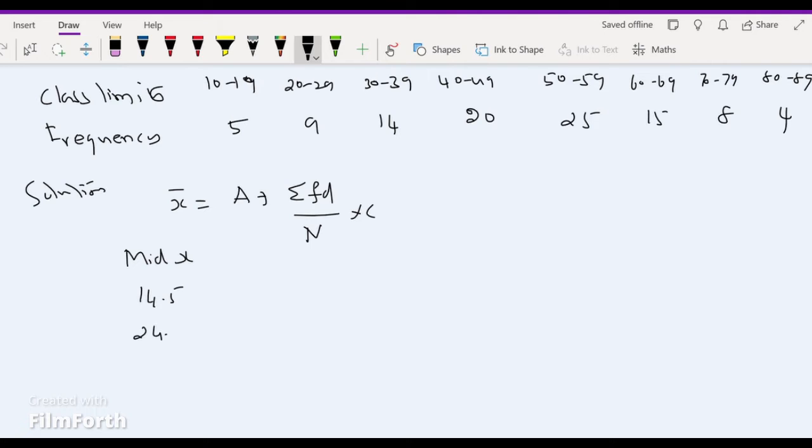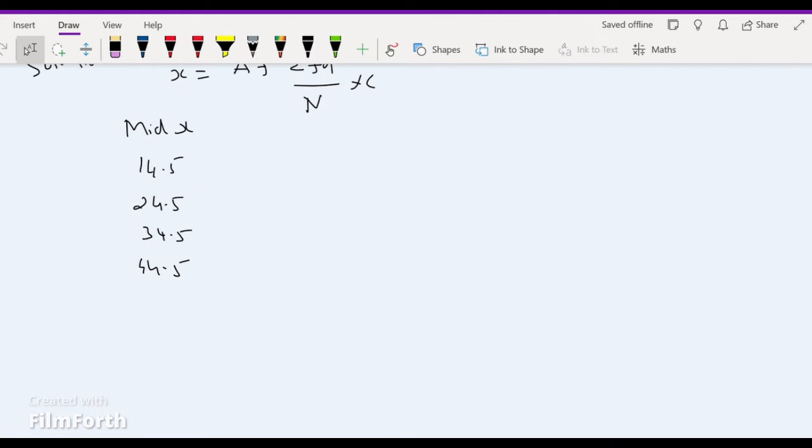Then 24.5, 34.5, 44.5, 54.5, 64.5, 74.5 and 84.5. So the corresponding frequencies are 5, 9, 14, 20, 25, 15, 8 and 4.